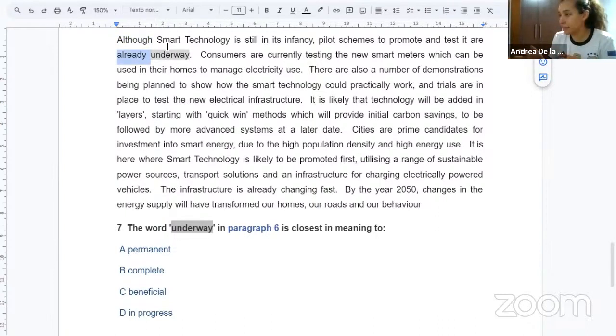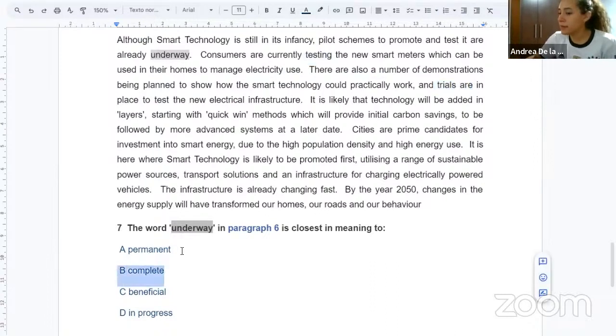They're not complete because they say that consumers are testing the smart meters. There's also a number of demonstrations being planned. Trials are in place to test the new electrical infrastructure, right? So trials, demonstrations, tests, they are in progress.